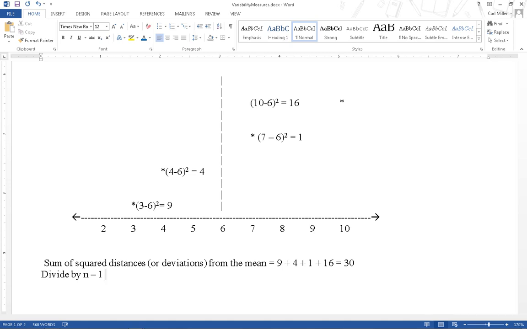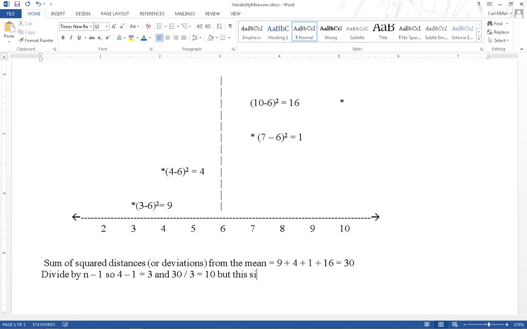Okay, so what we're going to do is we're going to take 30 and divide by 3 in this case. So 4 minus 1, because there were 4 data points, equals 3, and 30 divided by 3 equals 10.